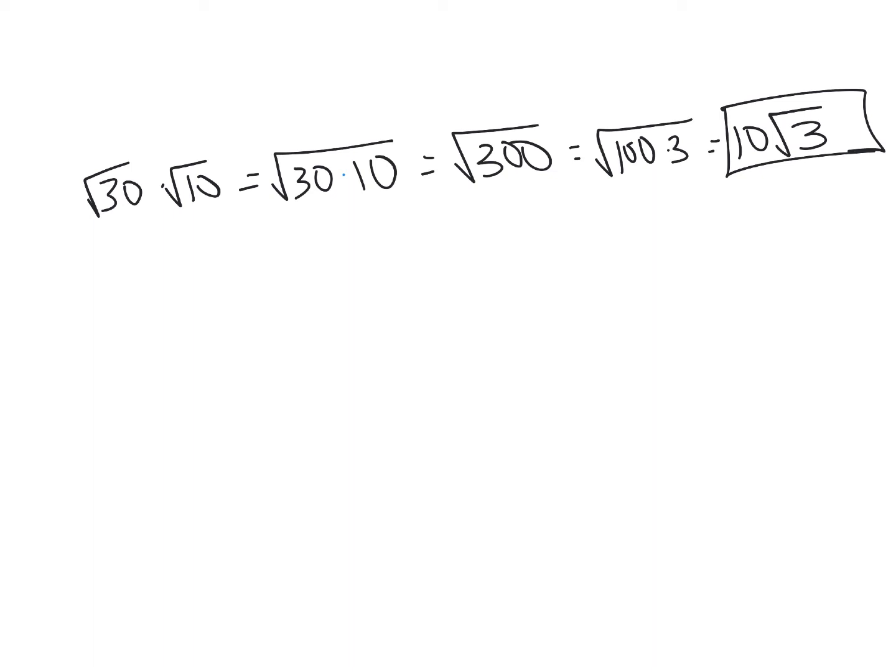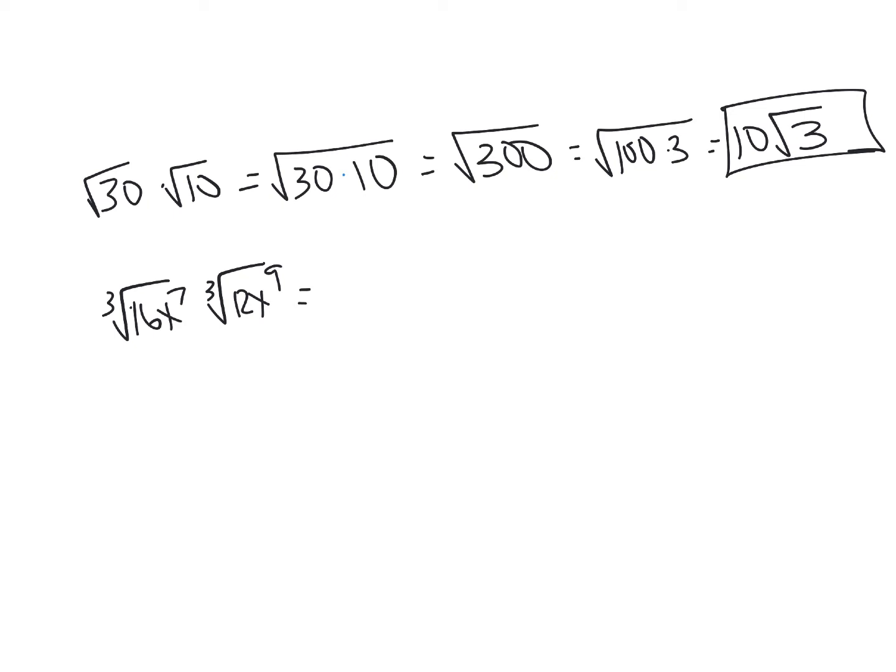So let's try another one. What if I have a cube root of 16x to the 7th times cube root of 12x to the 9th? I'm going to try to simplify these two first.